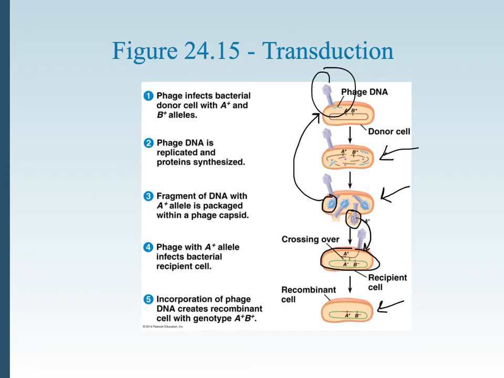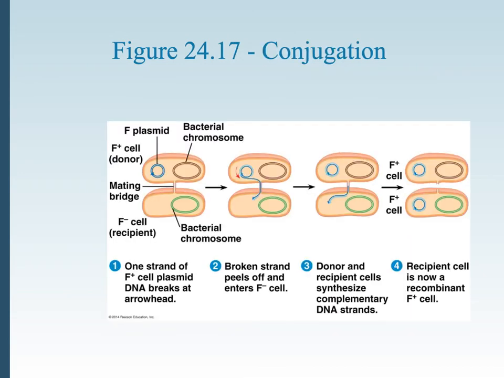Here we're looking at horizontal. And what that means is that throughout the organism's life, here in a prokaryote, the DNA of that organism can change. Okay? And here it's happening via what's called transduction. It can also happen in the form of something called conjugation. And in conjugation, we have F plus cells and we have F minus cells.